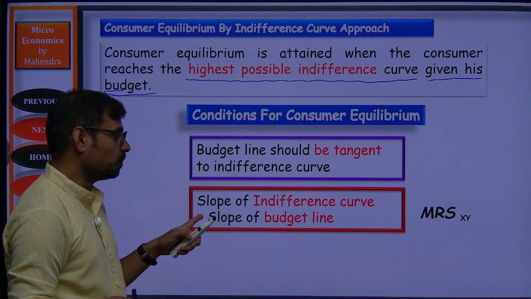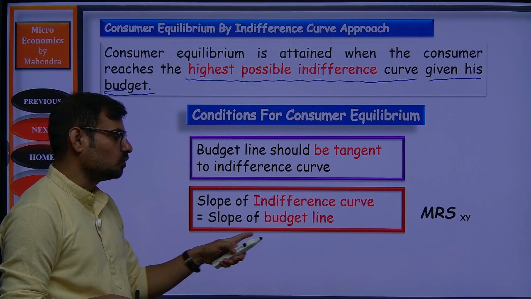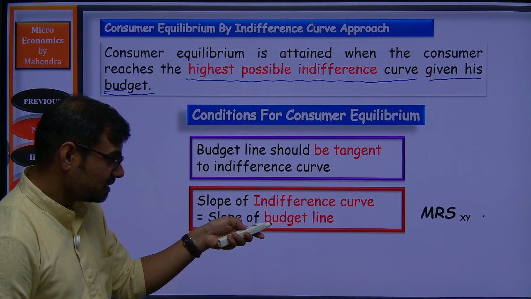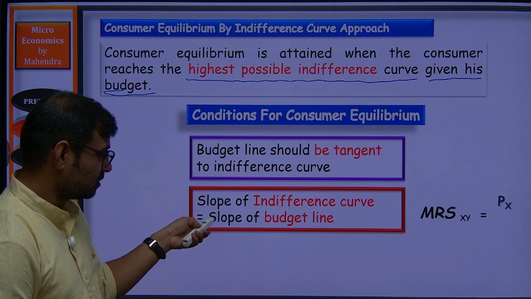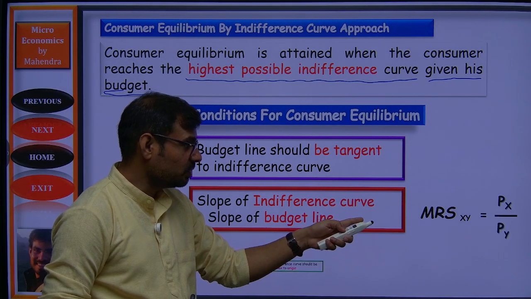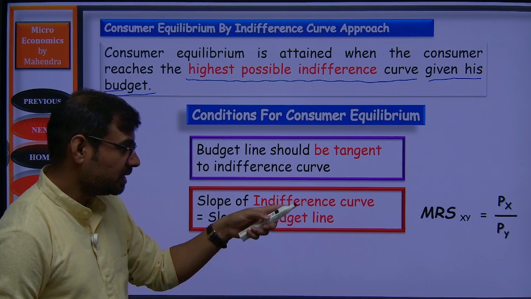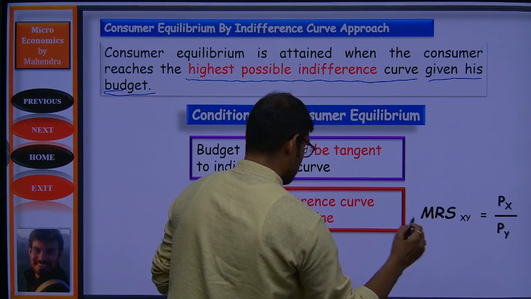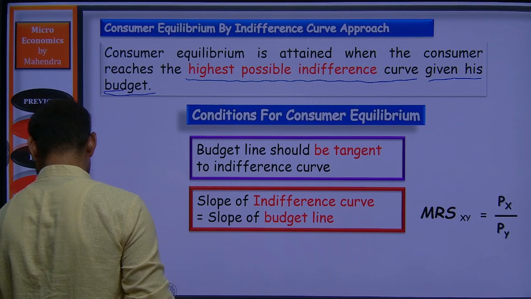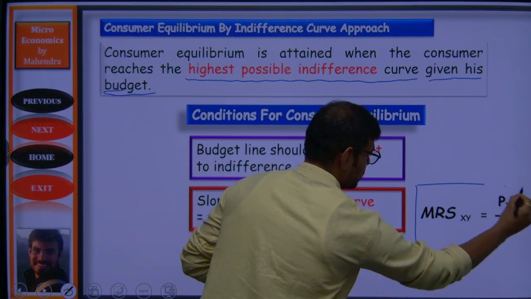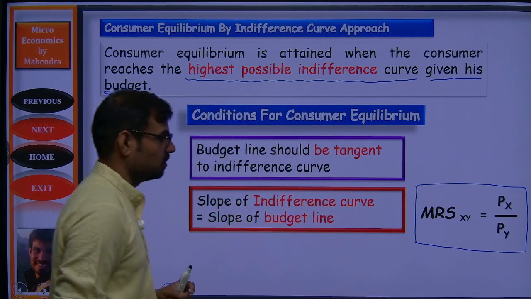Then second is that the slope of indifference curve should be equal to the slope of budget line. We express this condition in this way: MRS XY is equal to PX upon PY.